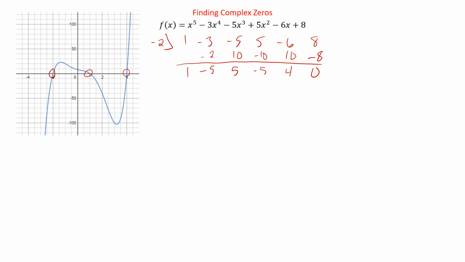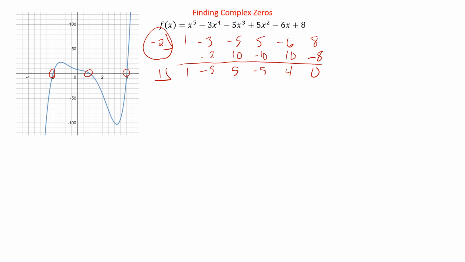Hey, look at that. Negative 2 did in fact work. All right, how about 1? And then again, we have to start with our answer there, because now we don't have a fifth degree, we have a fourth degree. We're paring it down to be a quadratic.